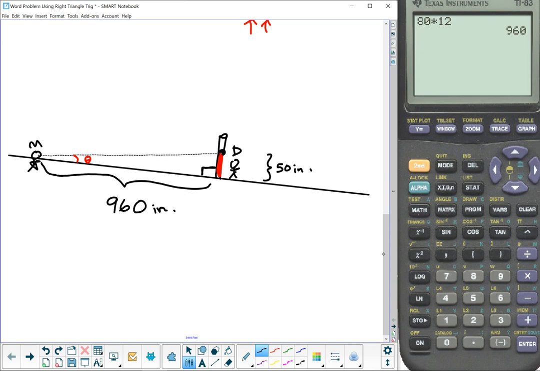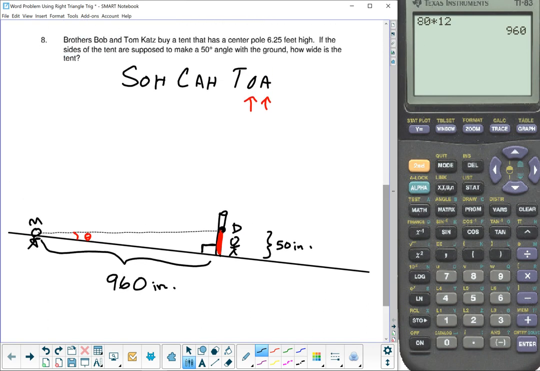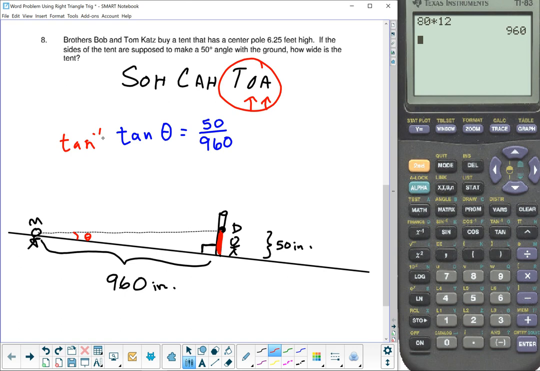Okay. So again, we're using tangent, right? So we're using TOA, which is tangent of theta, which we don't know, is equal to opposite, which is 50 over 960. Right, and in order to solve this, we need to inverse tangent both sides.